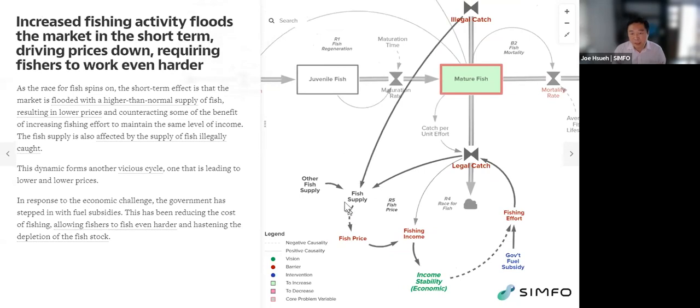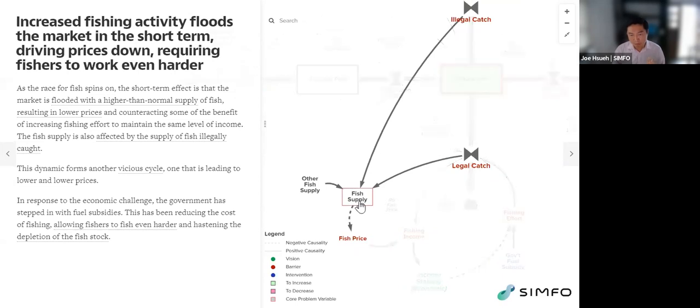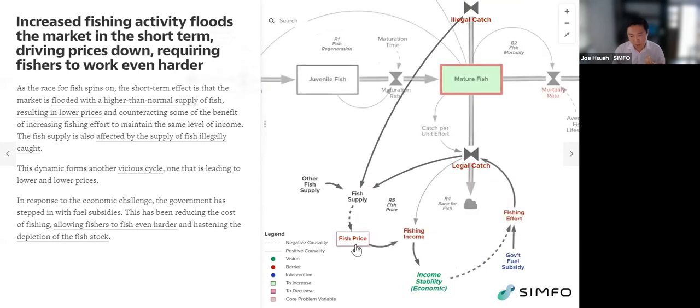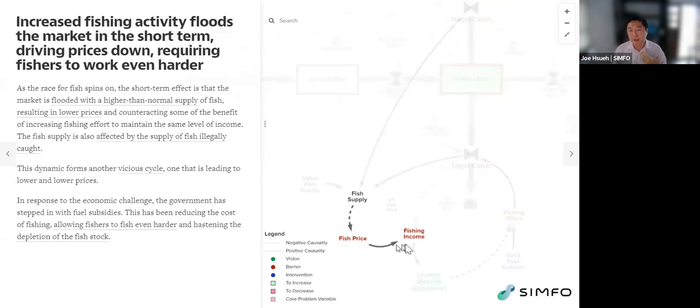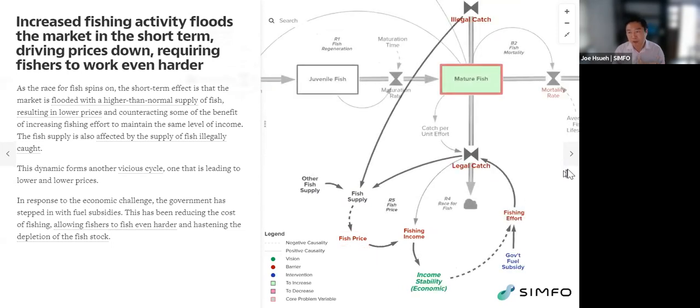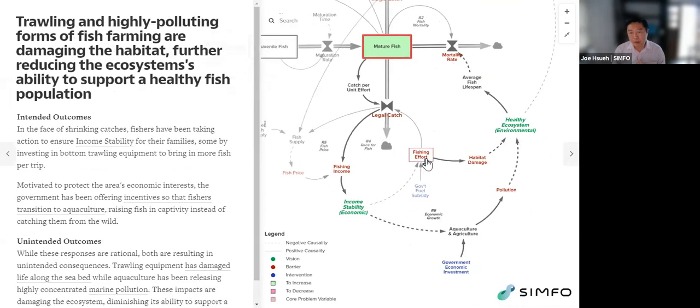Then there's the price dynamic: when you fish too hard, the fish supply will depress the price, lower the income, which triggers you to fish harder. And the type of gear you use will create habitat damage, which will lower the healthy ecosystem.